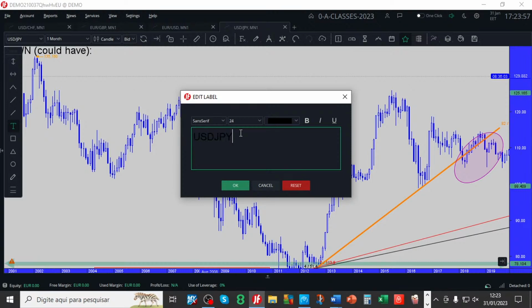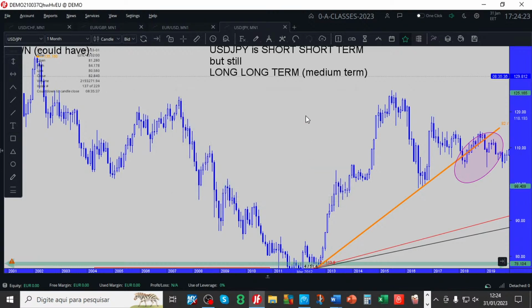USD JPY is short, meaning you should sell short term, but still long term, still long term and medium term. Okay, everybody.